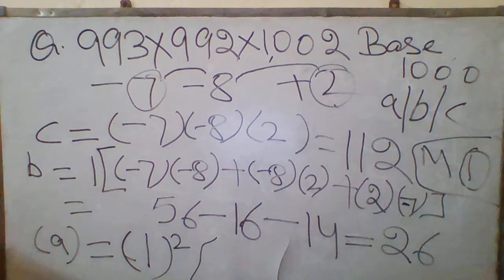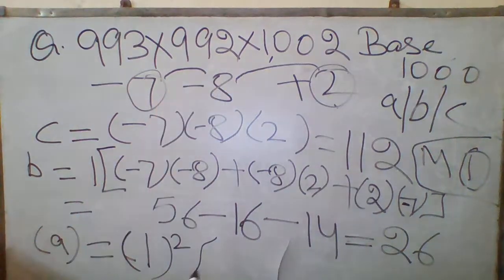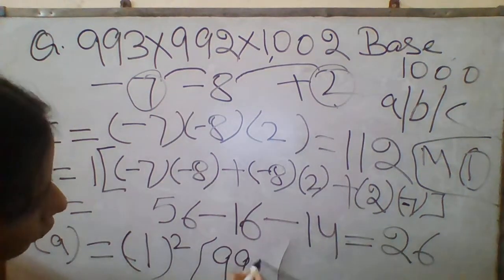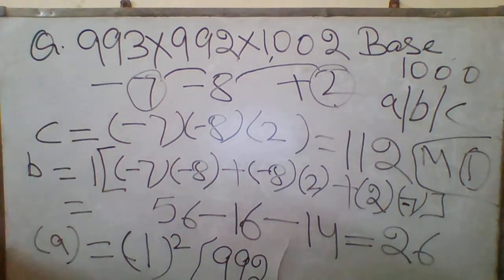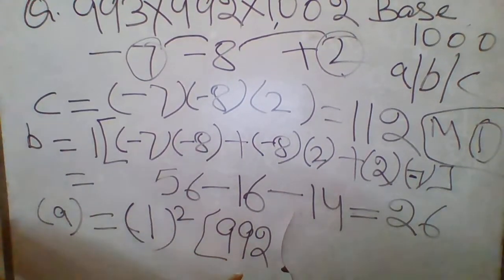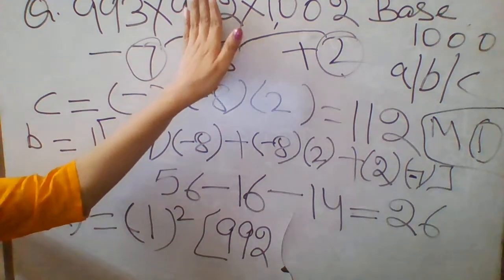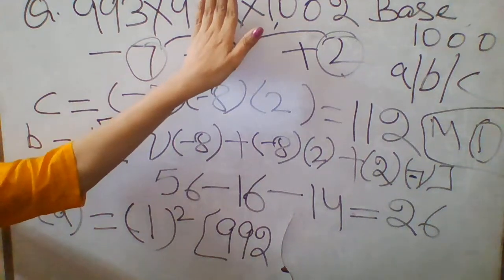Now you see, if I am taking this 992, I am now taking the case of 992. I am going to write down here 992. If I am writing this 992 from here, I will keep my hand like this. I have to hide this term.